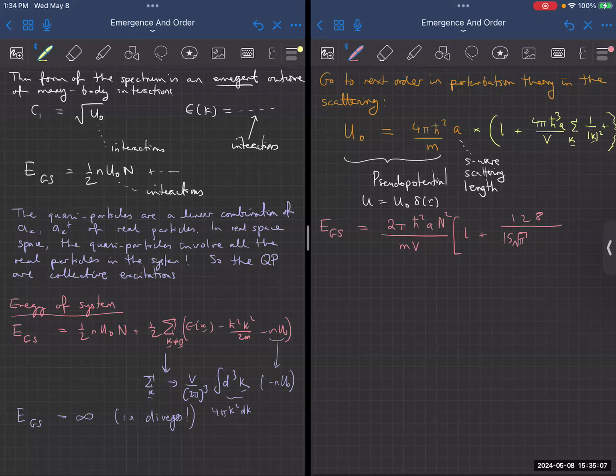Actually, I'm not sure that this formula is correct. I think there might be a typo here. Give me 1 second. Yeah, there is. There's a typo.